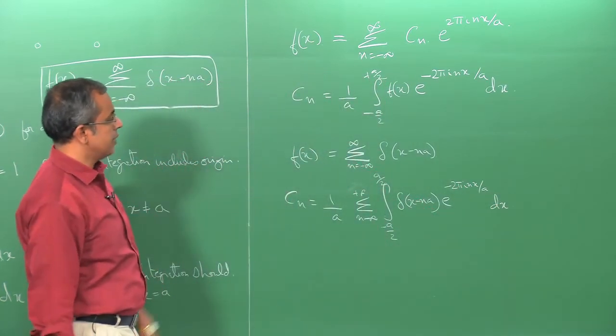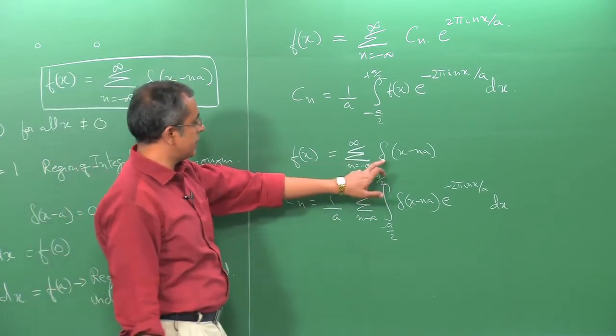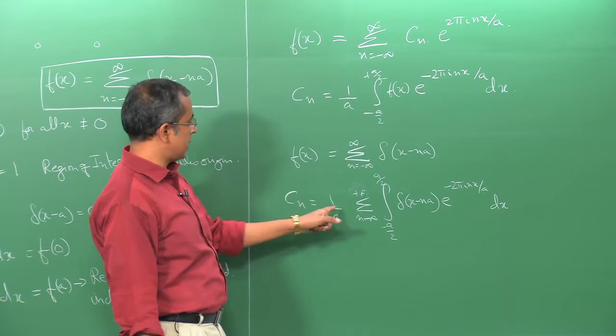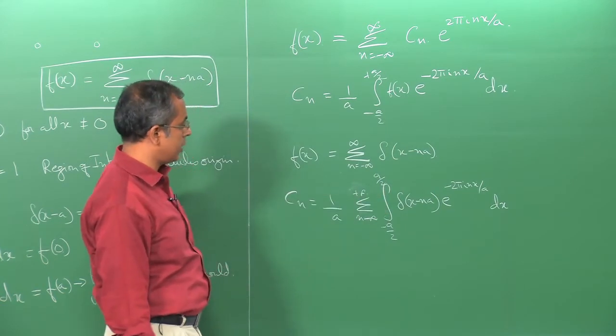So, this is now the Fourier coefficient. We have simply substituted the fact that our 1D lattice is represented by this function into this equation. So, that is what we have got here.